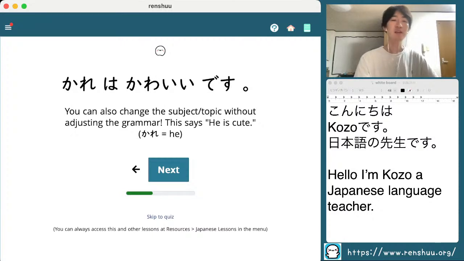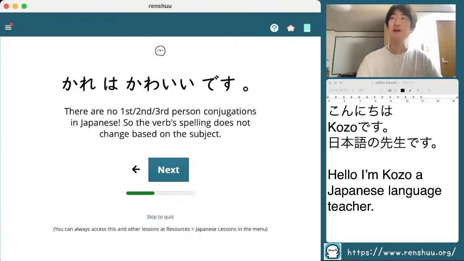So 彼は元気です。彼女は楽しいです。Or, of course, you can introduce someone, your friends. 彼は顔です。彼女は whatever ちゃんです。Like he is Michael, she is Chris.